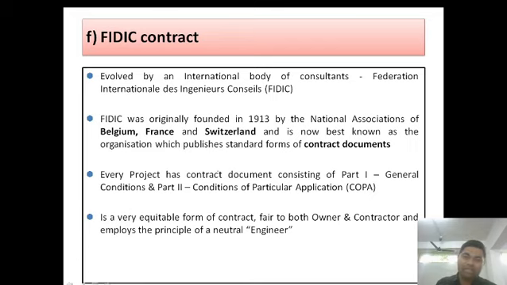We should not be biased towards the owner or towards the contractor. We should be neutral when there is a matter of contract. The rights of both the owner and the contractor have to be protected. To enhance this, the International Federation of Consulting Engineers has established these contracts.